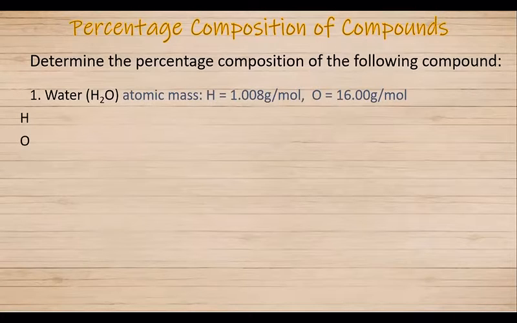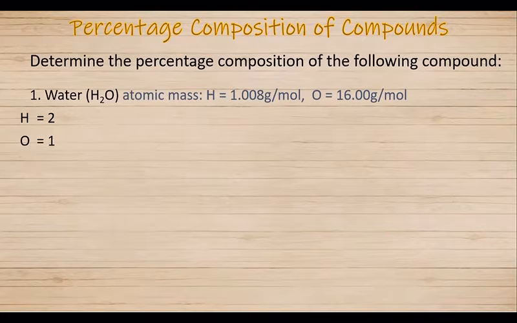In identifying their number of atoms, we can see 2 as a subscript of hydrogen, indicating that we have 2 atoms of hydrogen in water and only 1 atom of oxygen since there is no subscript there.